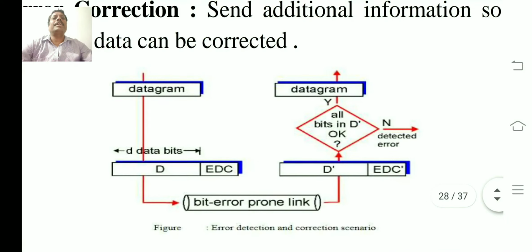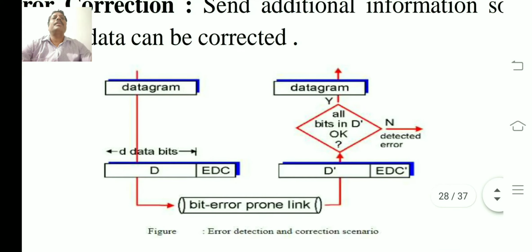In the diagrammatic view, the first block is the data. We do not send the data directly. Along with the data, we send some additional information for error detection purposes. We add some additional bits, called error detection check bits, which are sent along with the data.